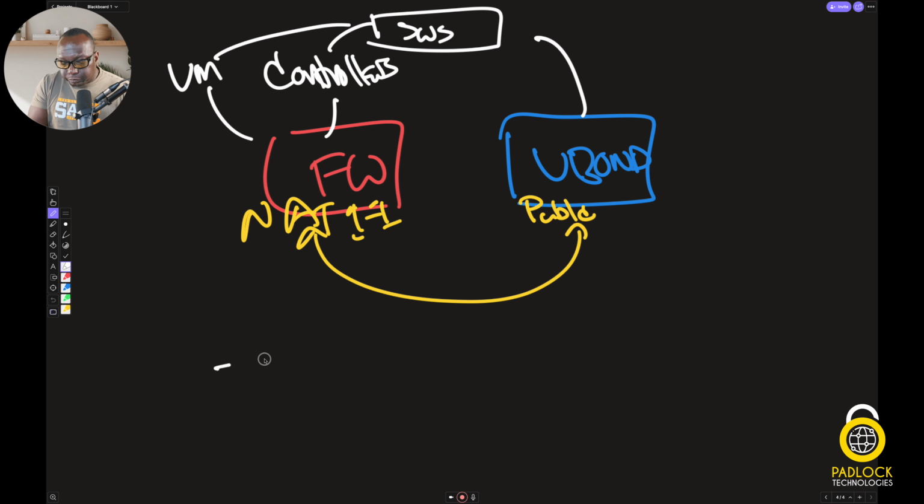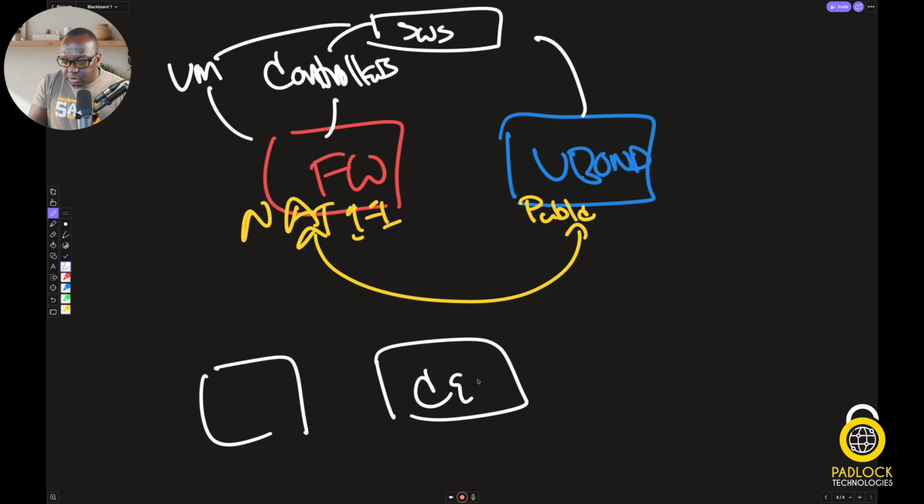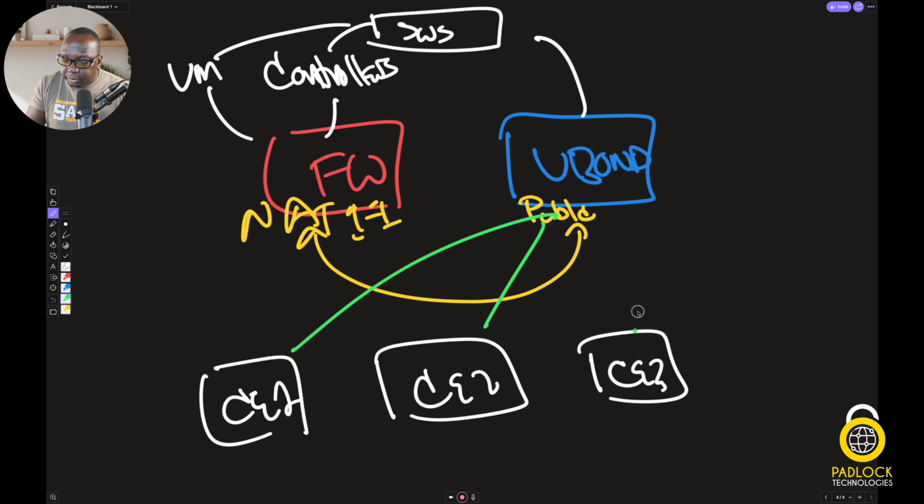And then, when your cEdges, or vEdges if you want to call it that, actually connect to the vBond via public, the vBond will send the external IP addresses of the vManage and controllers to the cEdge.